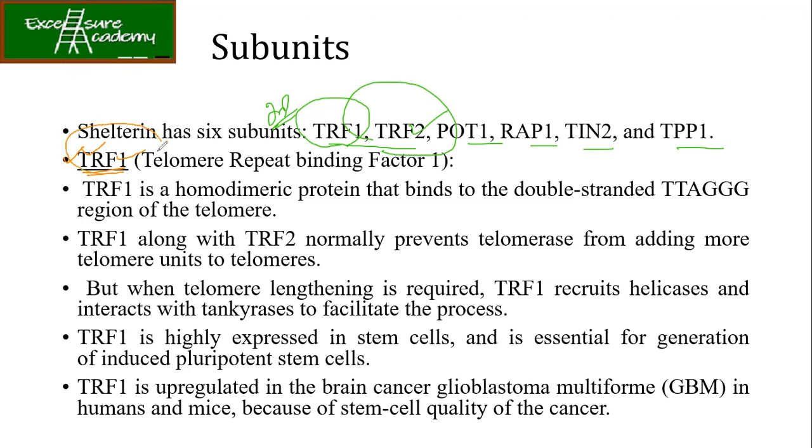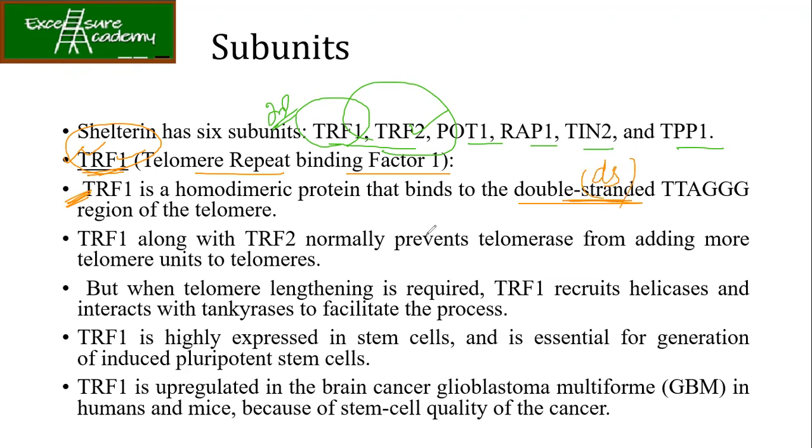Okay, please remember the full form. It's a homodimeric protein which binds to the double-stranded TTAGGG region of the telomere. Can you see? It is binding to the double-stranded region. Okay, it's not binding at the end of the telomere where it is single-stranded. It is binding where it is double-stranded.